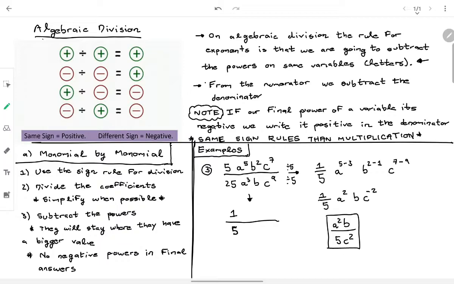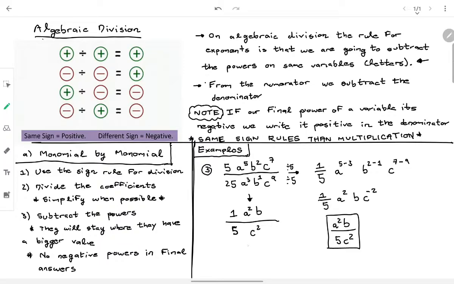Then for A it's bigger on the top part because it's 5. 5 minus 3 is 2, so it will be a squared. For B, it's also bigger on the top part, or in the numerator, because it's 2 and 1, so it will be only b on the top part. And in the case of C, it's bigger on the bottom part, so we can leave it on the bottom part. 9 minus 7 is 2.